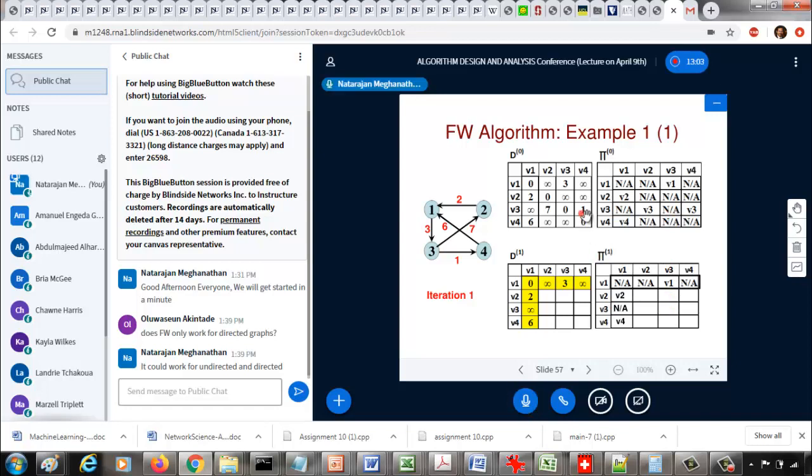Now we are trying to see if we can do less than 1. So again the corresponding entries we have to add are infinity, and then vertically it's also infinity here. So infinity plus infinity is infinity, not less than 1. So we'll put that 1 here and stay with V3 as the predecessor.